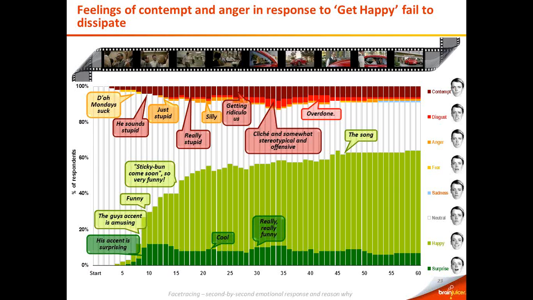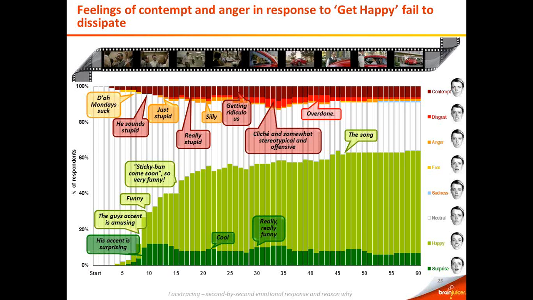It's a good spot, a 4-star ad. And you can see second by second the way people are feeling. The light green bars represent happiness, and you can see that happiness builds relatively early in the spot and is maintained throughout to the end. So it's a very positive emotional journey, hence a 4-star ad.